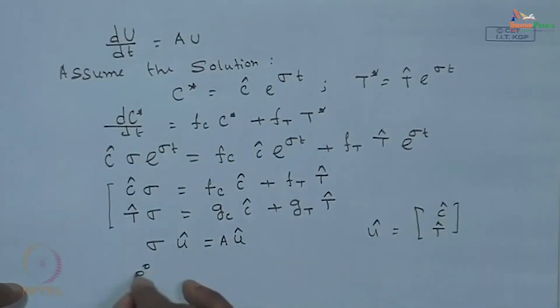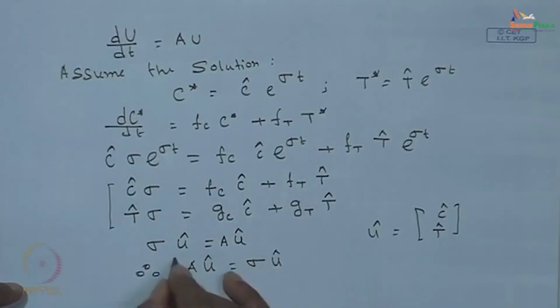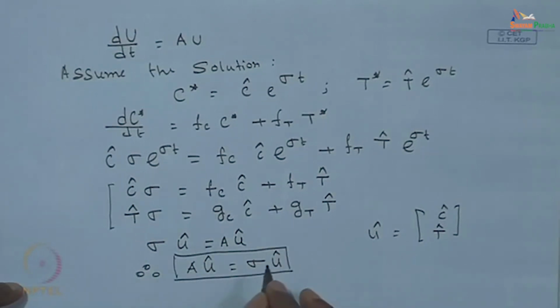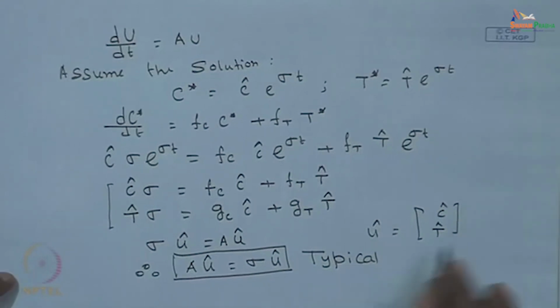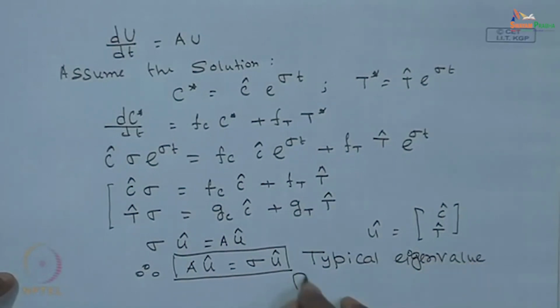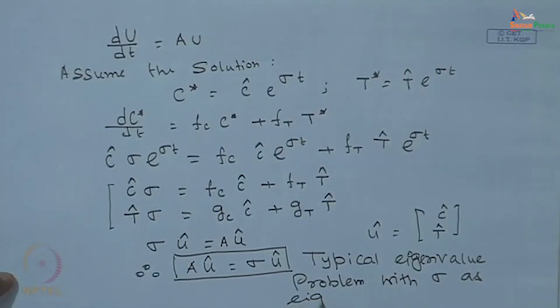So, A u hat is equal to sigma u hat, and this is a typical eigenvalue problem with sigma as the eigenvalues. So, we can come to some kind of analysis.